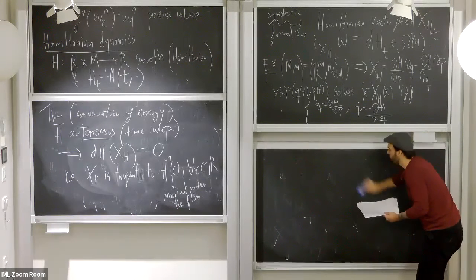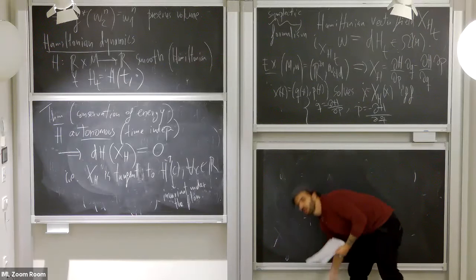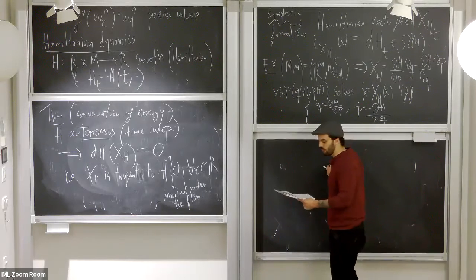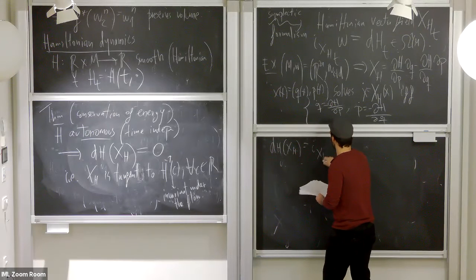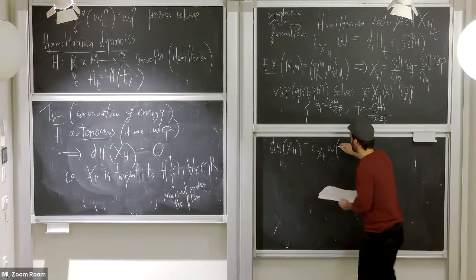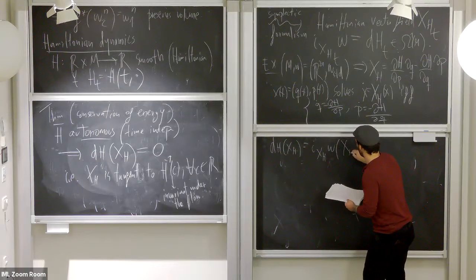And actually the proof of this conservation of energy fits into one line. It's very simple. The proof is you do dH of X_H. By definition, this is just the contraction of omega by X_H applied to X_H.